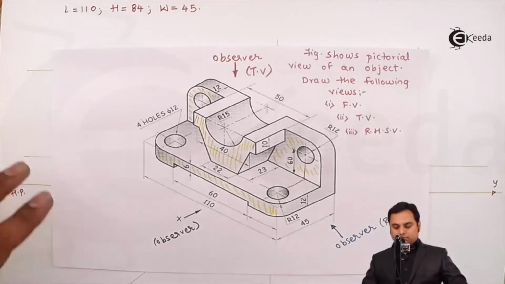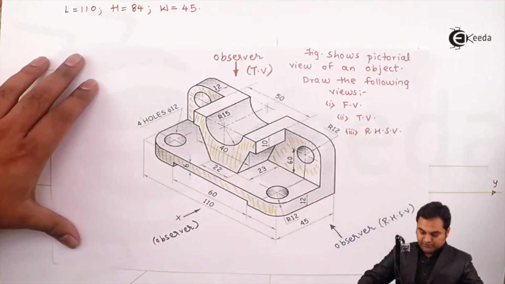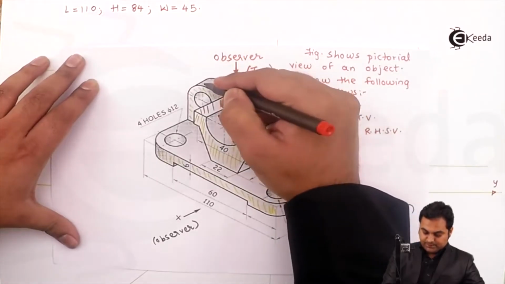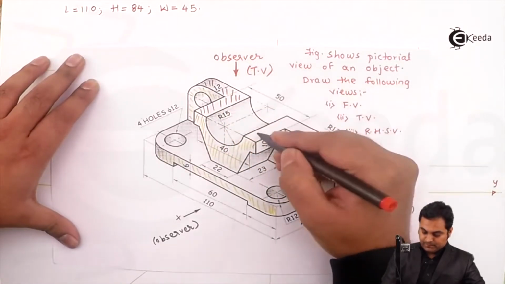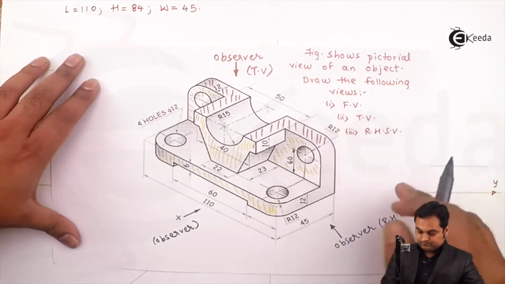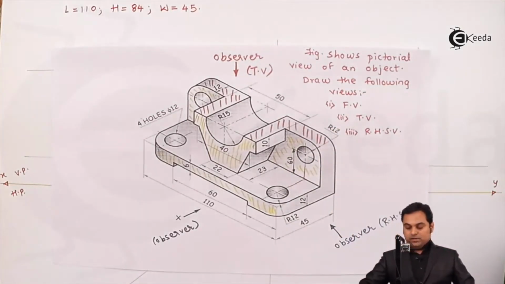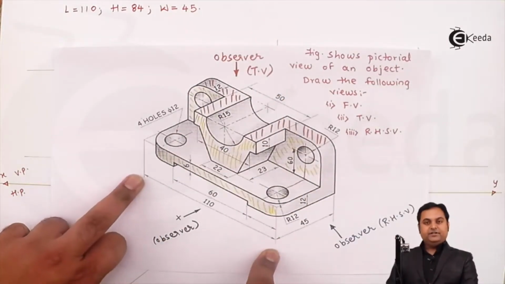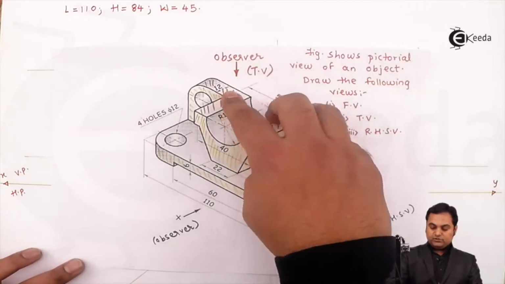So when I'm looking from top, the first thing which is visible to me is this surface and the surface here. Now here this surface is having a total length 110, width is 12 mm.